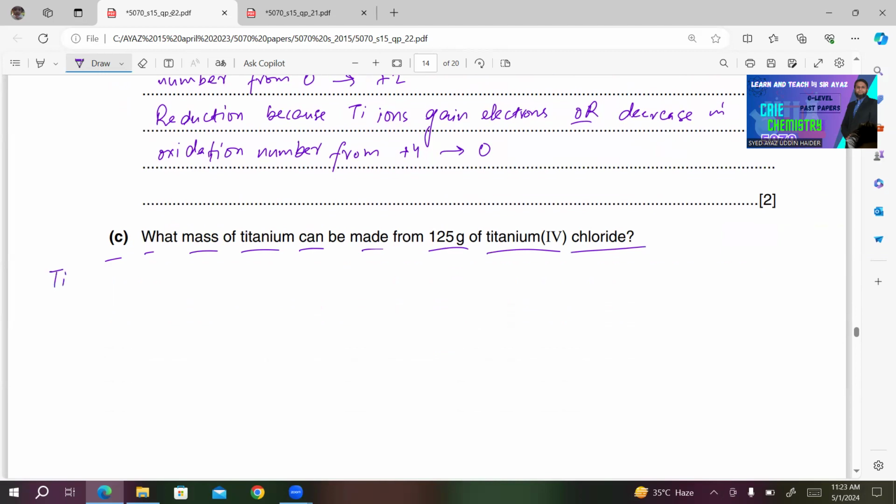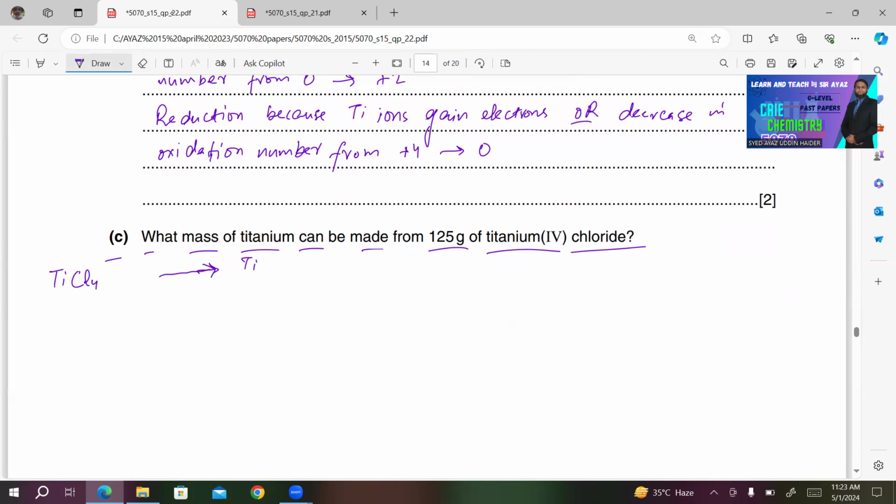We have TiCl4 plus 2 Mg gives Ti plus 2 MgCl2. As we are concerned with the mass of titanium, made from titanium 4 chloride, I will erase the other reactant and product. So we have TiCl4 and Ti.